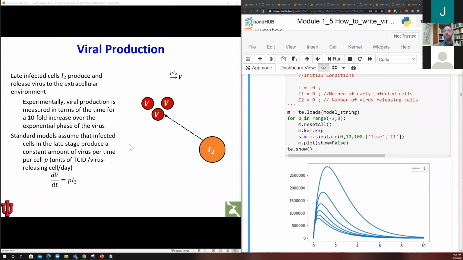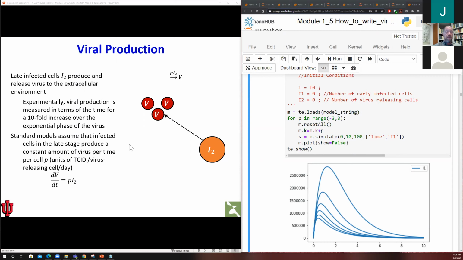All right. And I want to do one more small exercise before we break for the day. We have our virus releasing cells, but at the moment they're not releasing any virus. And we're going to do a very, very simple model that assumes that every cell releases P units of virus per day.